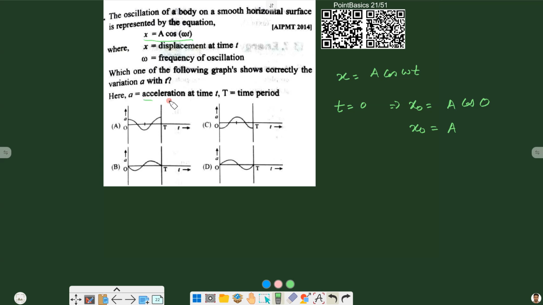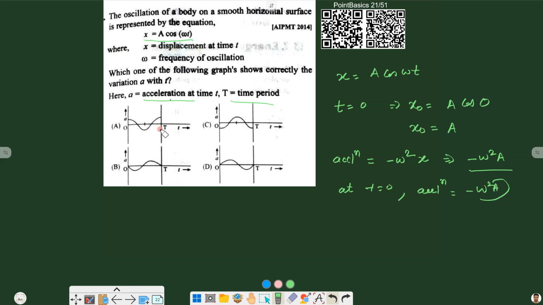Now here we have an acceleration versus time graph, not displacement versus time. So we also have to account for acceleration, and acceleration in SHM is given by minus omega square times displacement. Here displacement is equal to a, so acceleration will be minus omega square a. So at t equal to 0, acceleration will be at its negative maximum value.